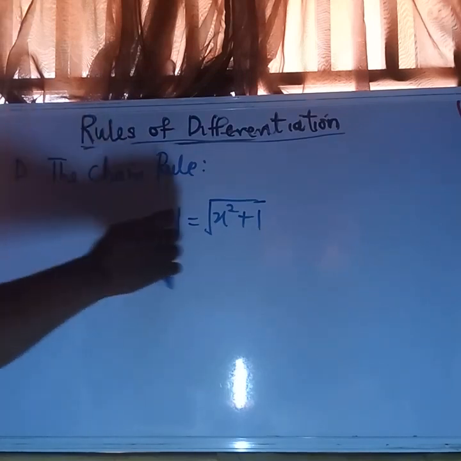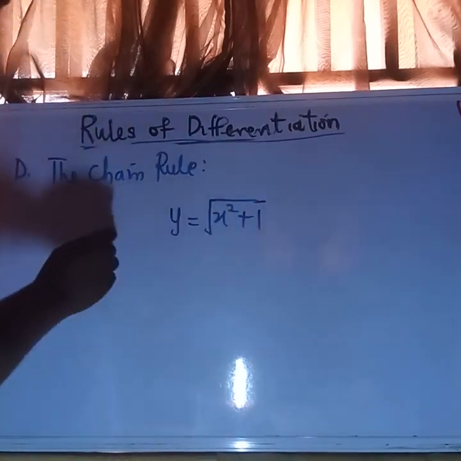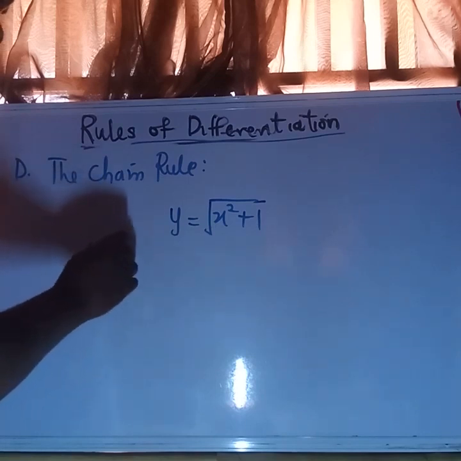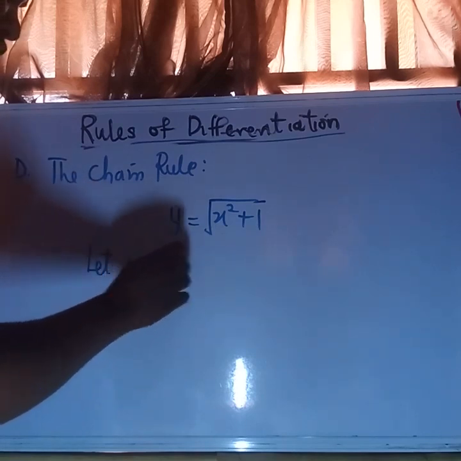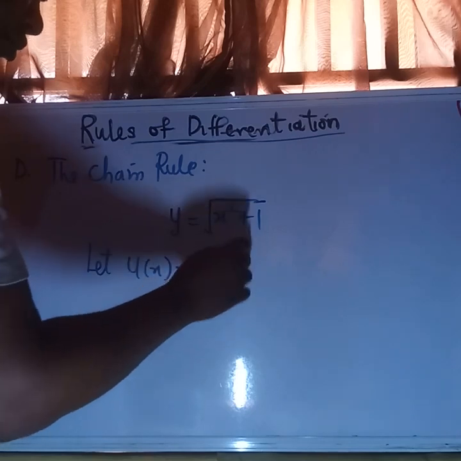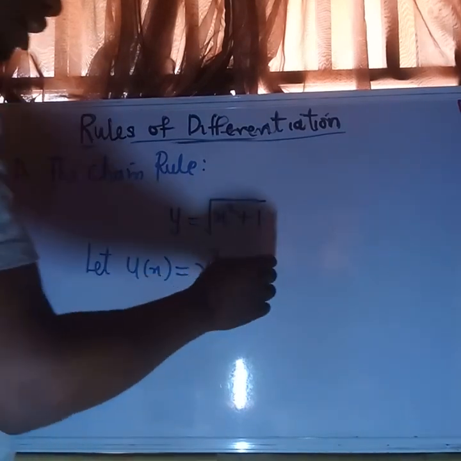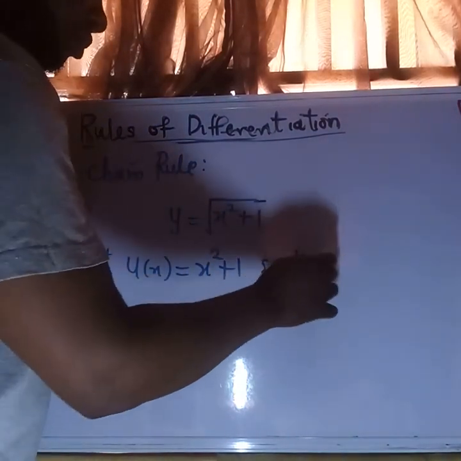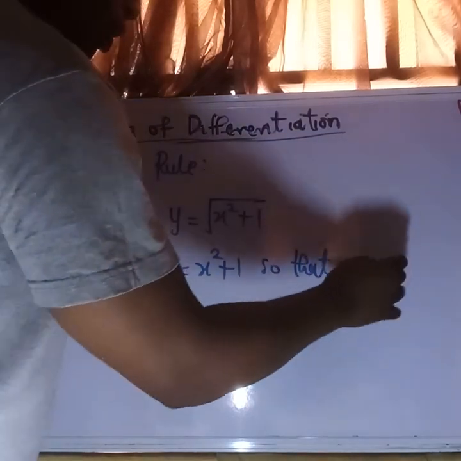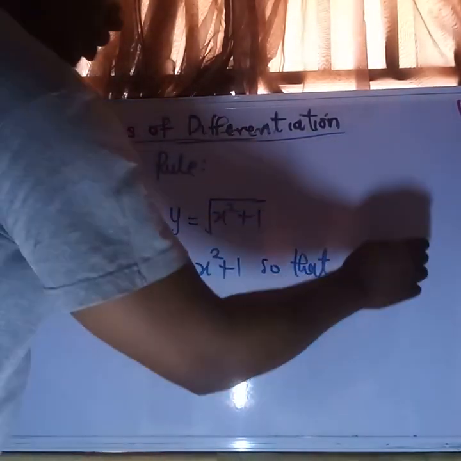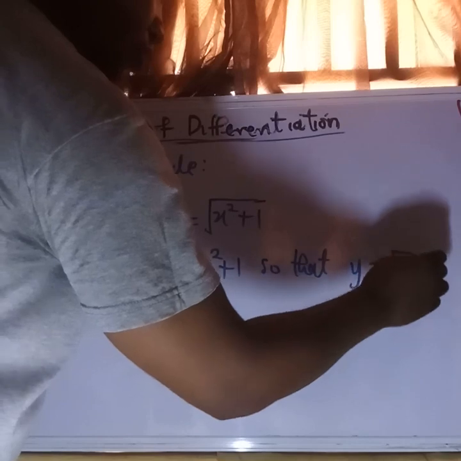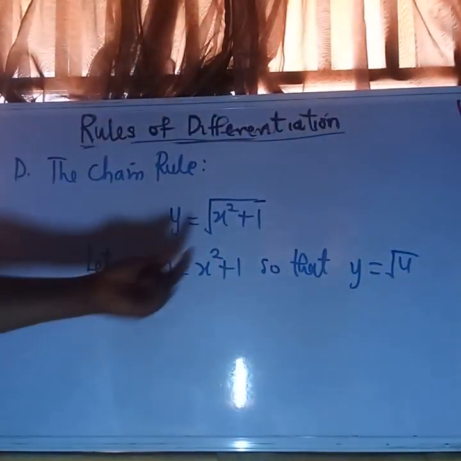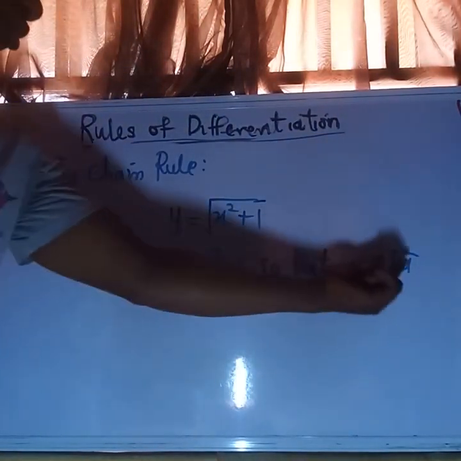We say let this inner term be a function u. So that y will be the square root of u, where the whole term here is u.